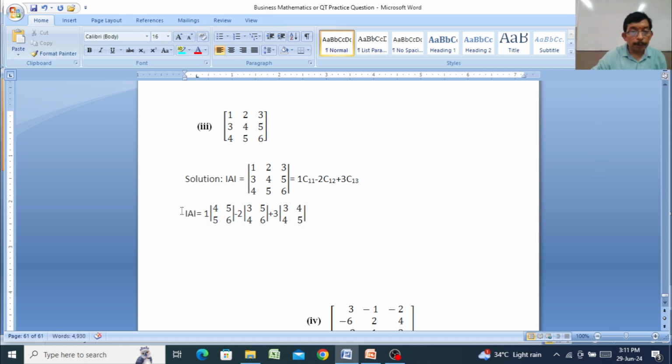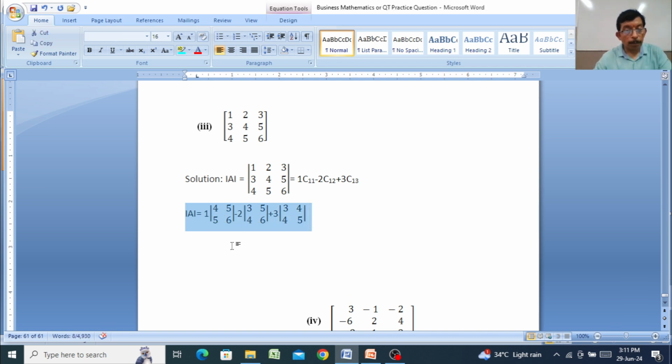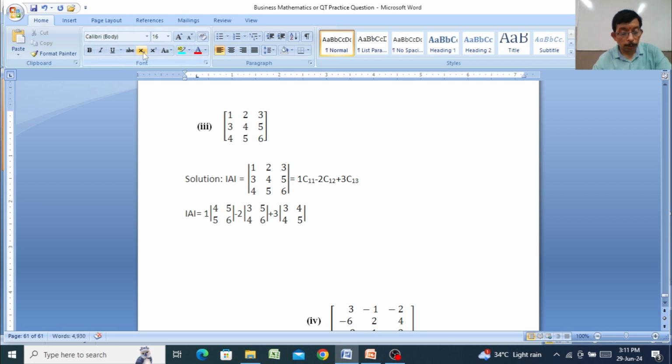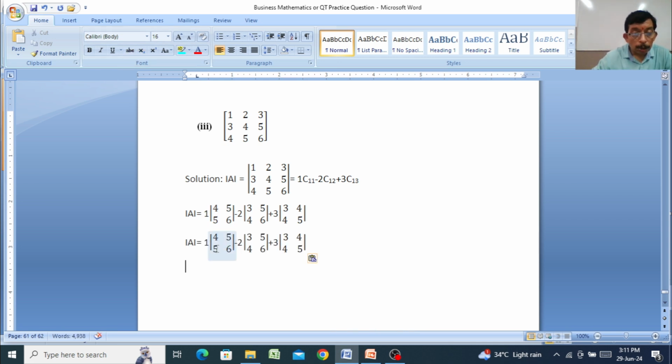Now simplify the matrix by the multiplication, 2 by 2 determinant by the multiplication.